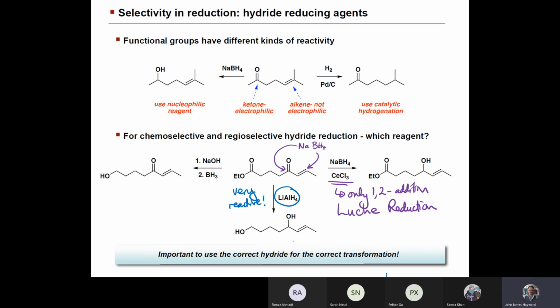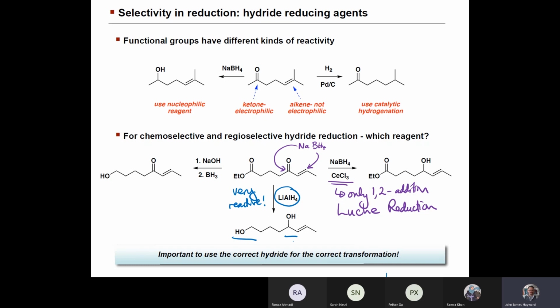So it reduces the ketone to the alcohol, but also the ester to the alcohol. So that can be useful, but it might not be what you want. And so the Luche reduction gives you the ability to be more selective. Now, what about if you want to reduce the ester in the presence of the ketone? That's a bit more problematic.